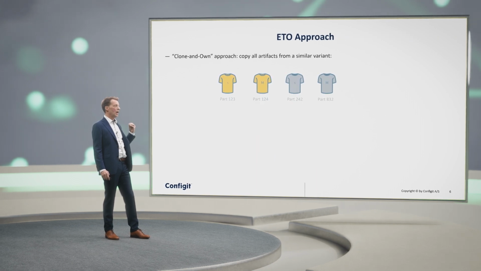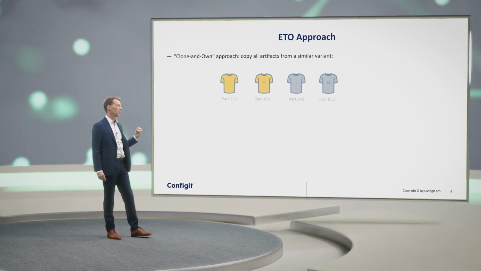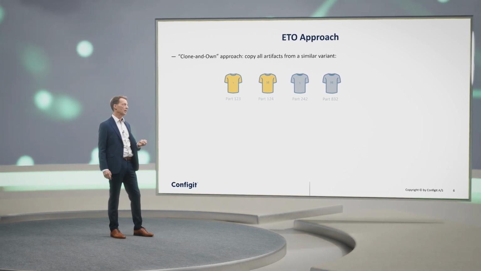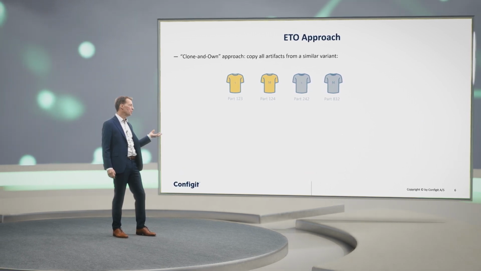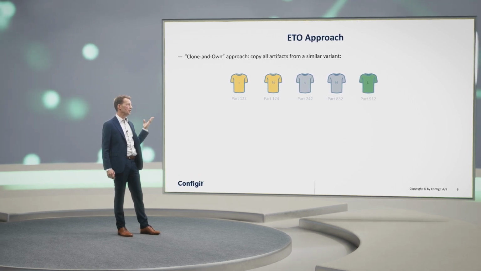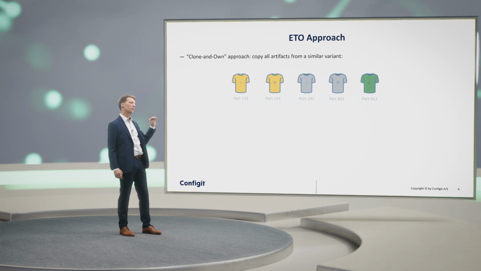Now, how would you do this then? How would you build a new variant? So imagine that you had the 4 existing t-shirts. 2 of them are yellow, 2 of them are gray. And now what do you do? Well, the traditional approach is that you try to find the variant among these different ones you already built.